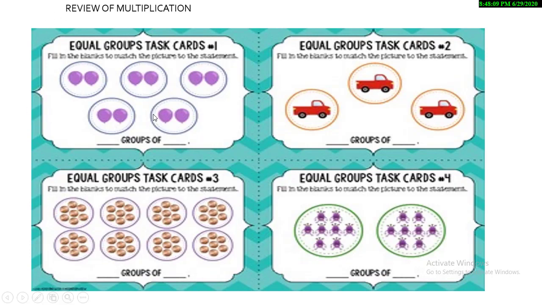How many groups are there? There are 5 groups: 1 group, 2, 3, 4 and 5. So you will write down 5 groups of, and how many items are there in each group? 2. So you will write 5 groups of 2.